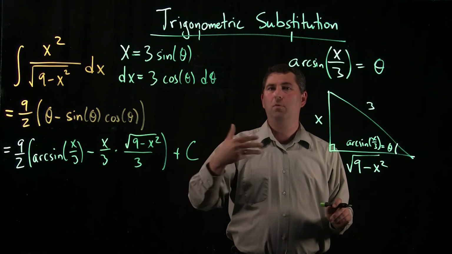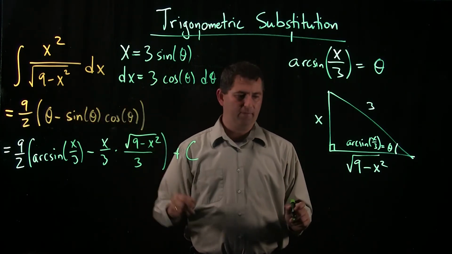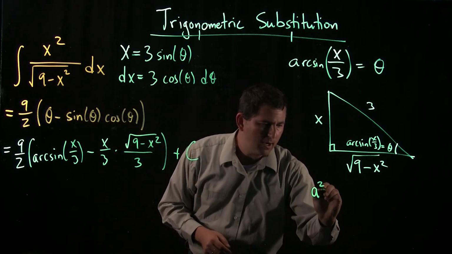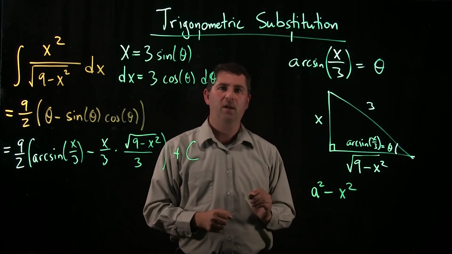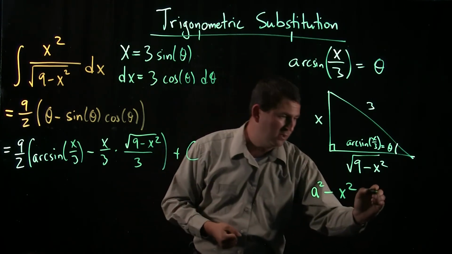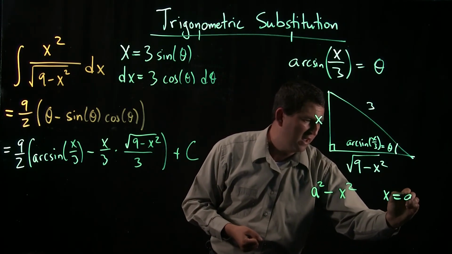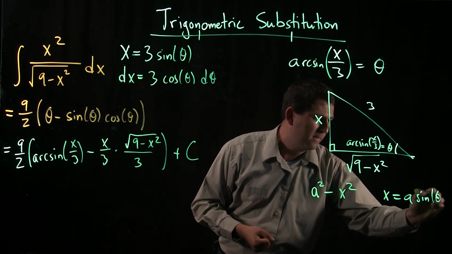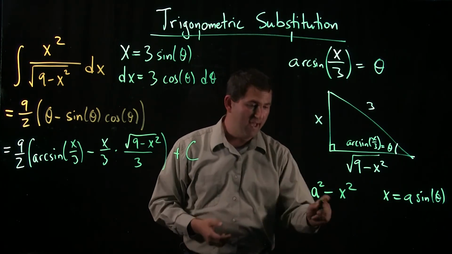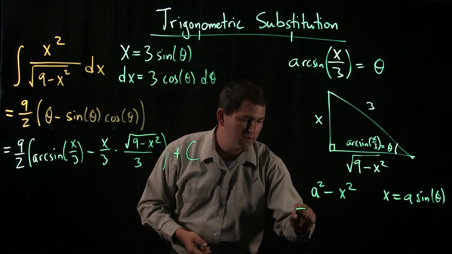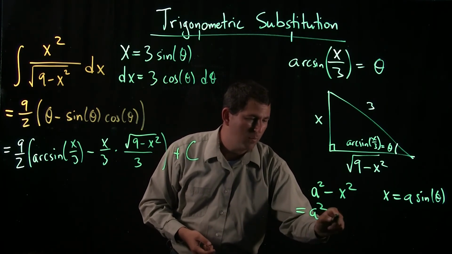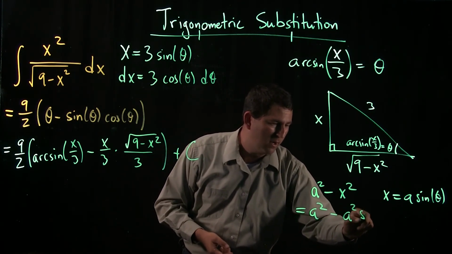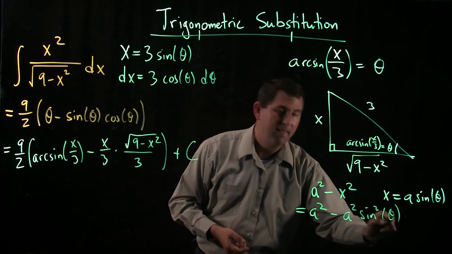So that's what we're looking to do whenever we have something of the form a squared minus x squared. The substitution I'm going to use is going to be x equals a sine of theta. And the reason why I want to use that is because now a squared minus x squared will become a squared minus a squared sine squared theta.